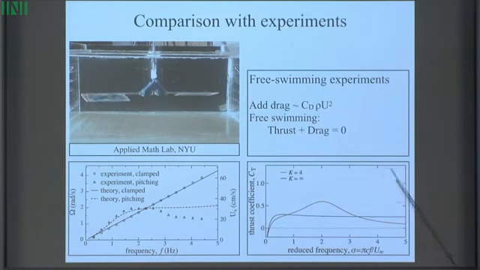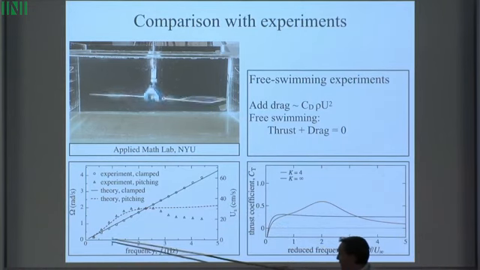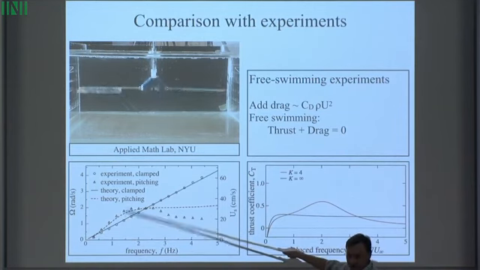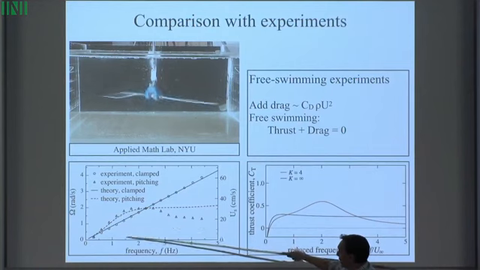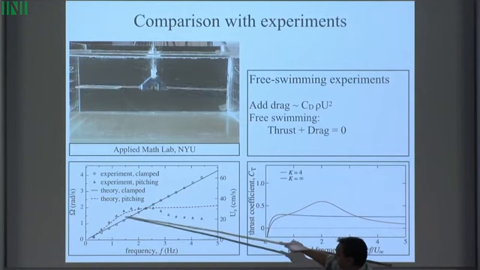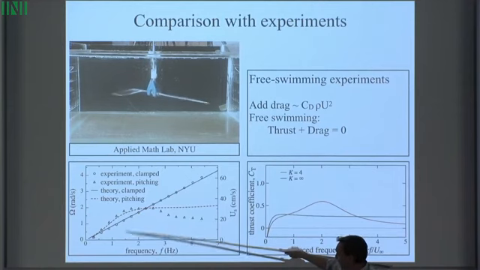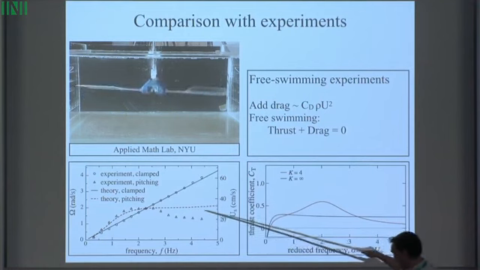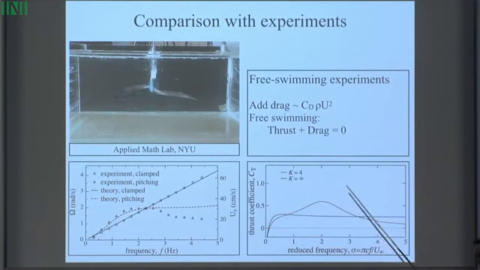Okay, and you can see that this is pretty encouraging. It captures the overall qualitative trend. You see the boost in performance at intermediate frequencies. It even captures the resonant frequency, where the boost is most significant. It captures that frequency very well. At higher frequencies, there's some discrepancy, so it's not a perfect theory.